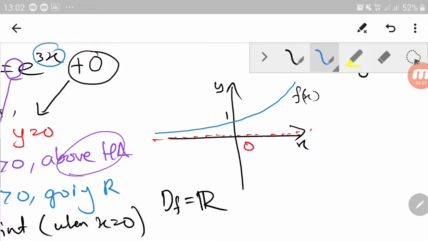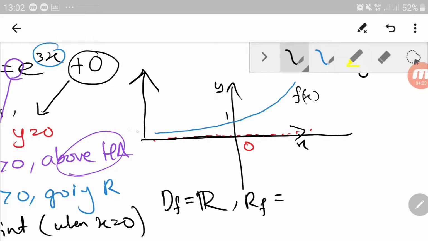Now, how about the range? The range of f is from the 0 here up until there. Because if we have a horizontal line and we keep dragging the line going up like that, it will touch the function at least once.